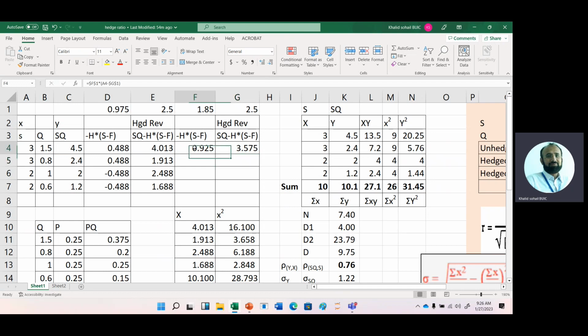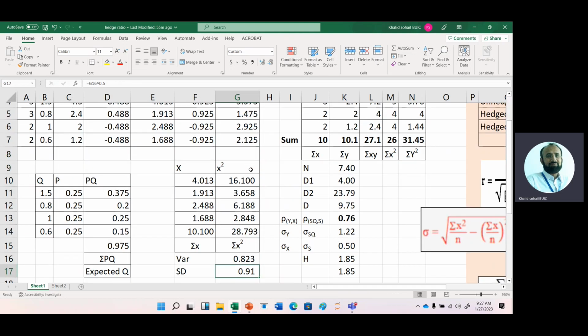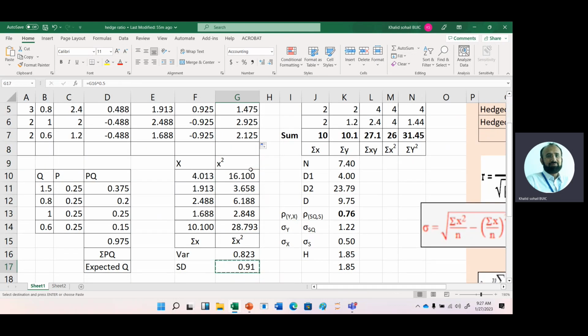The last column is hedged revenue by using the optimal ratio. Now we have these numbers 3.575, 1.4. Now again, we will check its standard deviation. The first standard deviation, I just want to copy it. That was 0.91. I am copying it here.